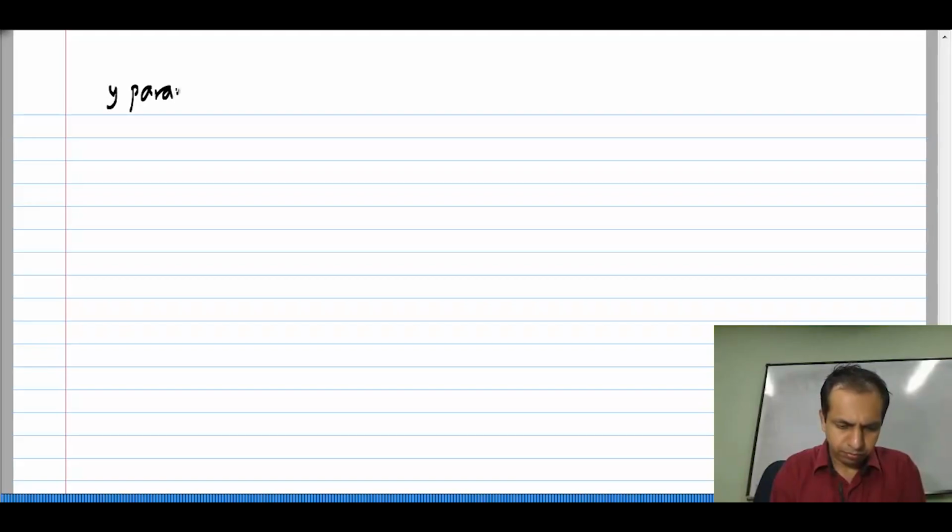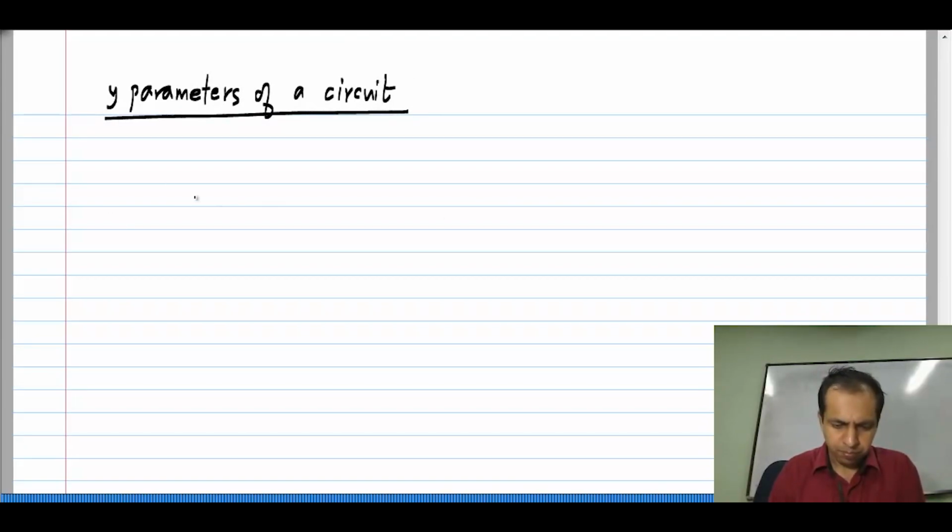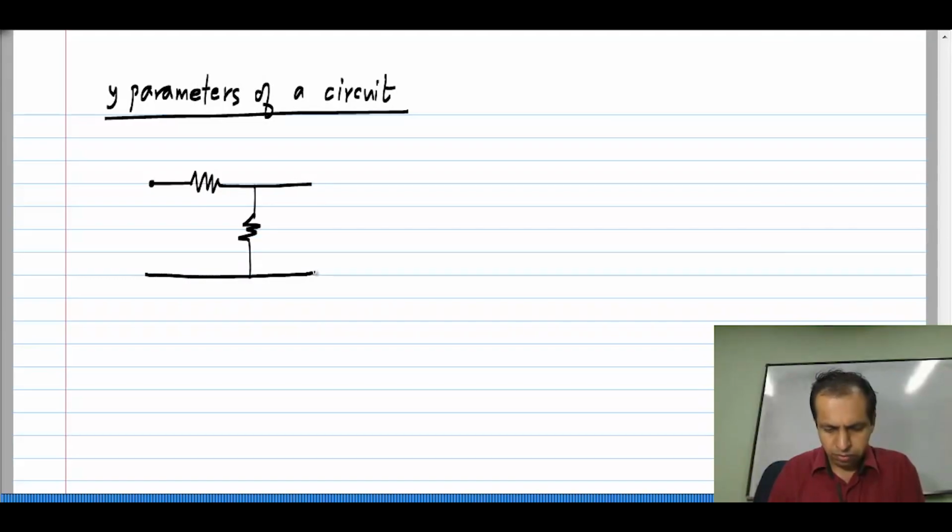Now I will take an example circuit and calculate its Y parameters. Let me take this circuit.